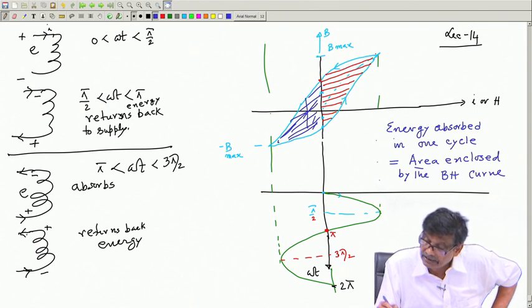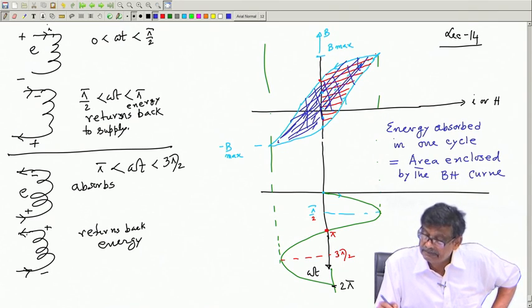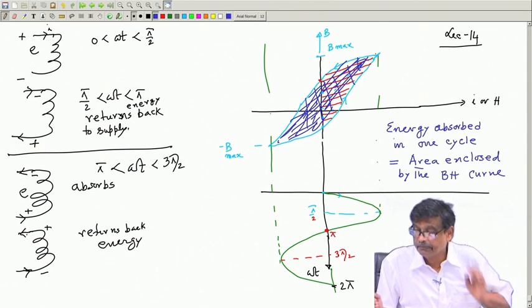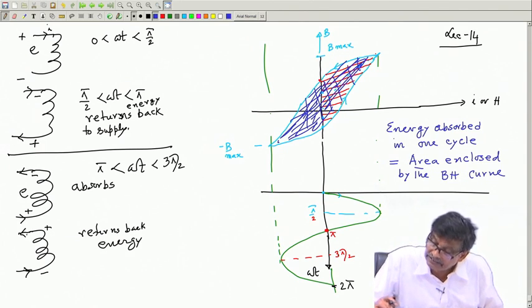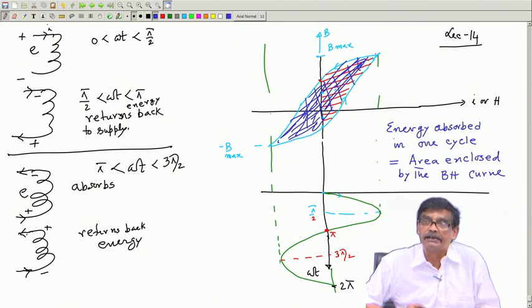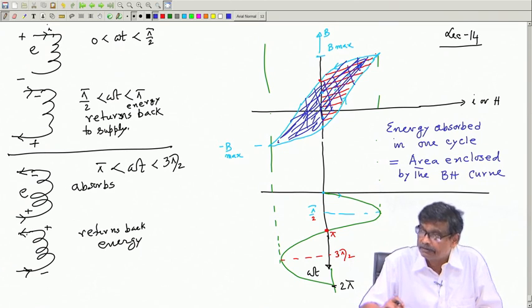Therefore, this whole area will represent how much energy this magnetic material has absorbed. Of course, the thinner this area, the energy absorbed per cycle will also be small, because the area is the crucial term enclosed by the BH curve.